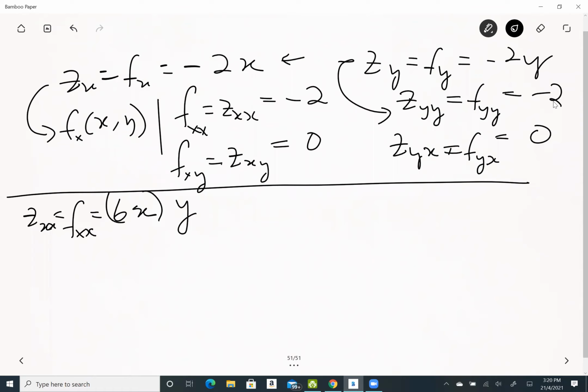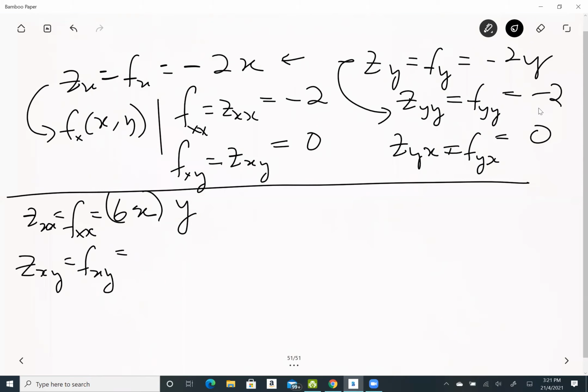Y is the constant. And then the other term, negative 3y squared, differentiate with respect to x. 0. No need to write. Second, zxy, fxy: derivative of fx with respect to y.